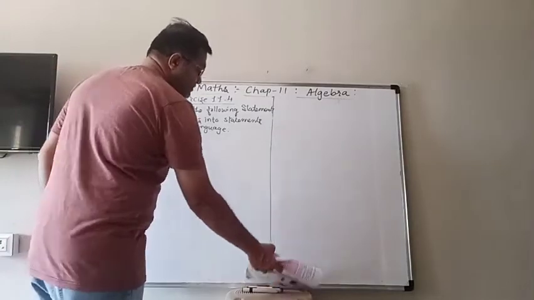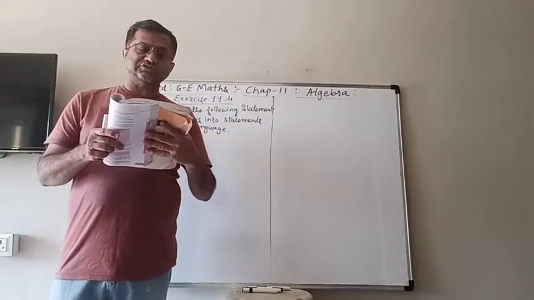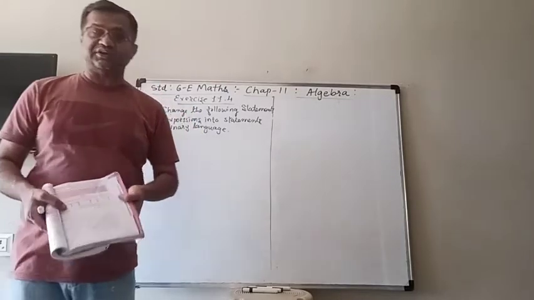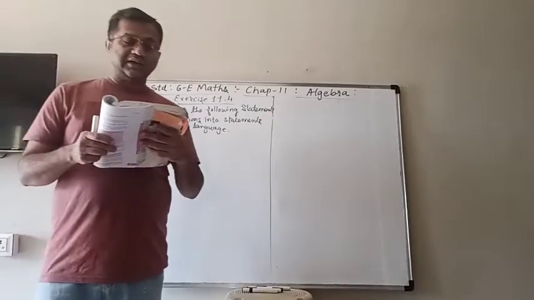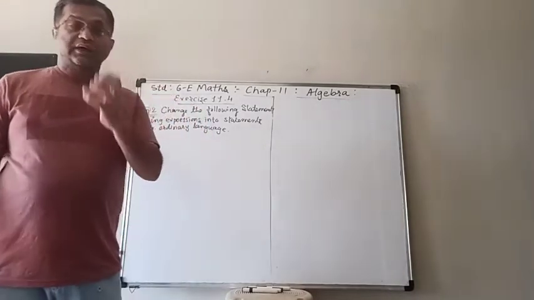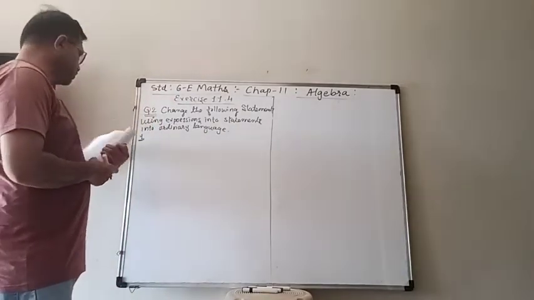For example, one example is also given: Salim scores R runs and Nalin scores R plus 15 runs. It means that Nalin scores 15 runs more than Salim. According to that, we have to write them in ordinary language.